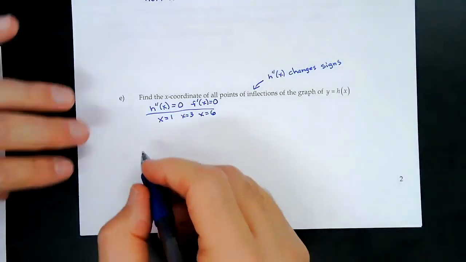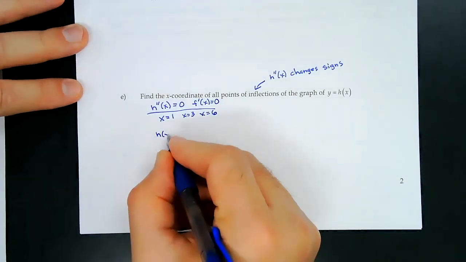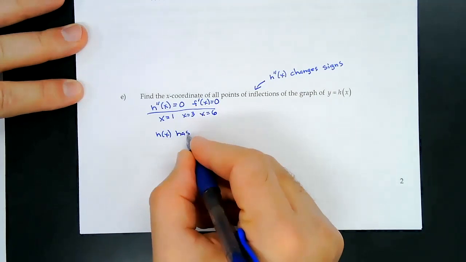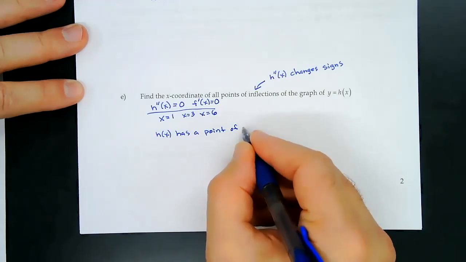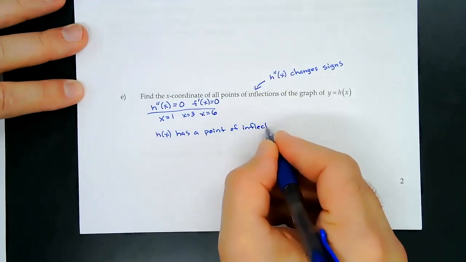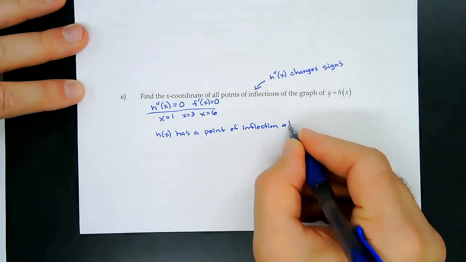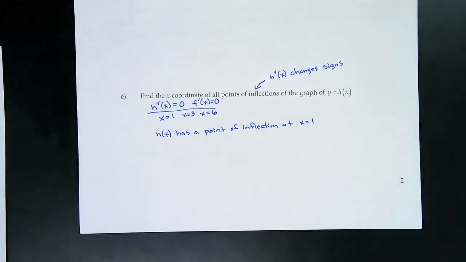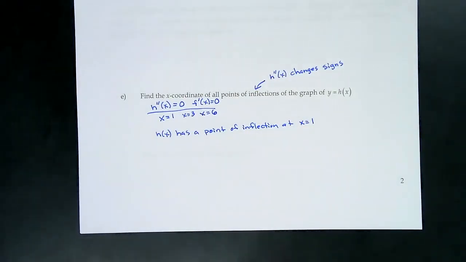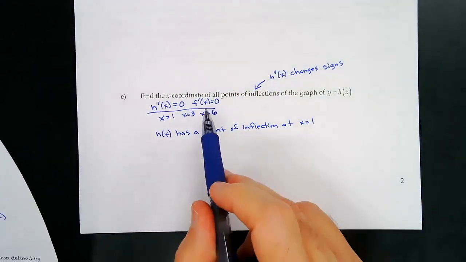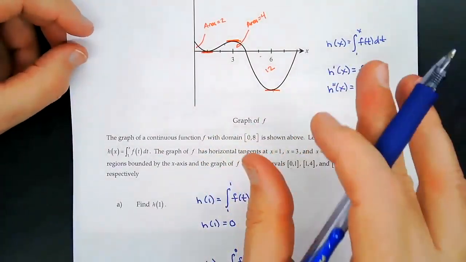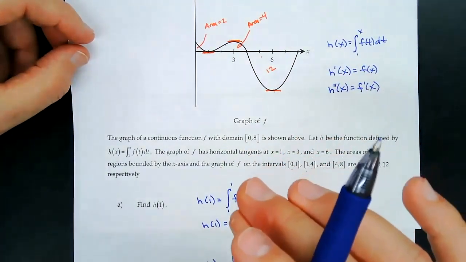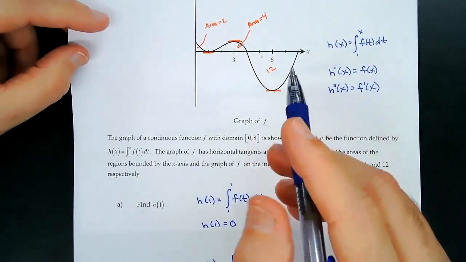So we would say h of x has a point of inflection at x equals 1. It's because h double prime changes signs, but what is it about the graph of f that tells me h double prime is changing signs?